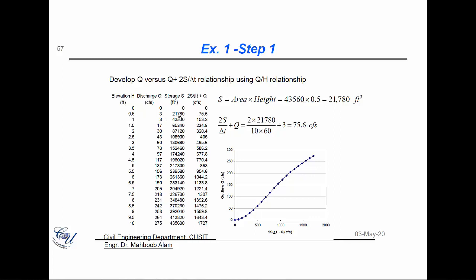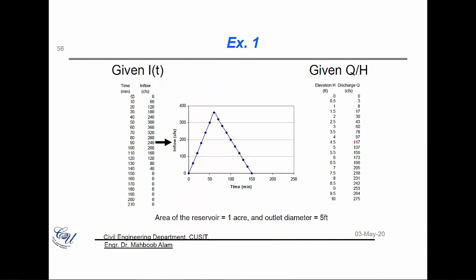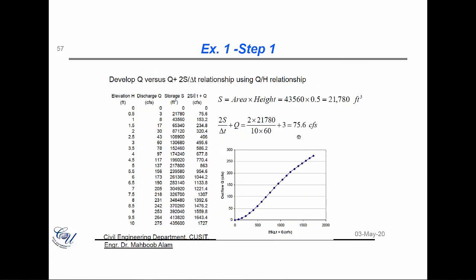Once I have this storage value, then I can put it in this equation, 2 into storage divided by delta T. Delta T is given to us, which was, this is delta T, 10 minutes. 10 minutes multiplied by 60 to convert it into seconds, plus 3. This discharge is given here, 3.